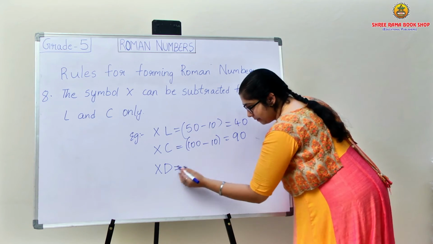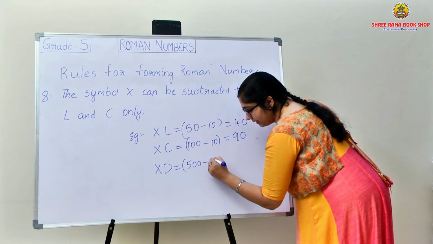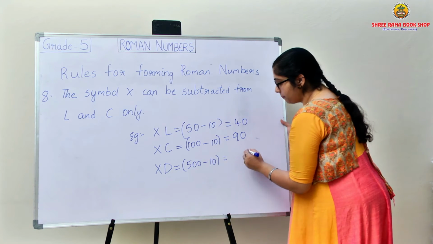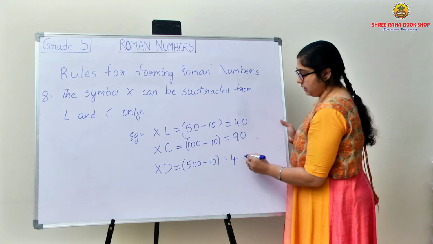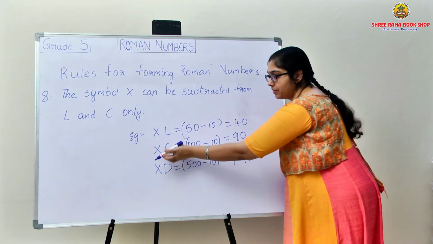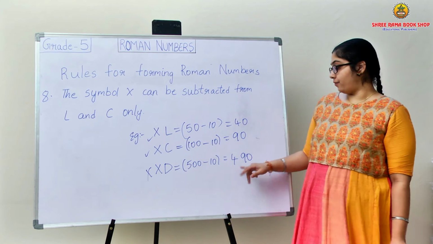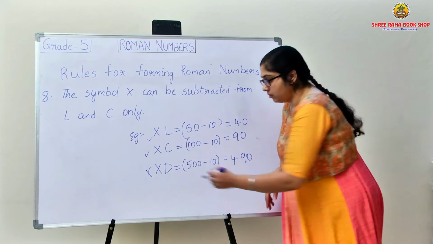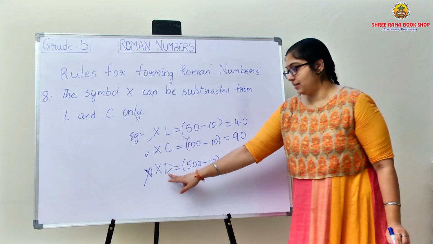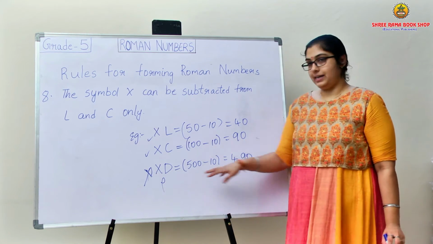So I am subtracting 10 from 500, which is 490. The calculation is correct, but this representation is completely wrong. I cannot write 490 as XD.